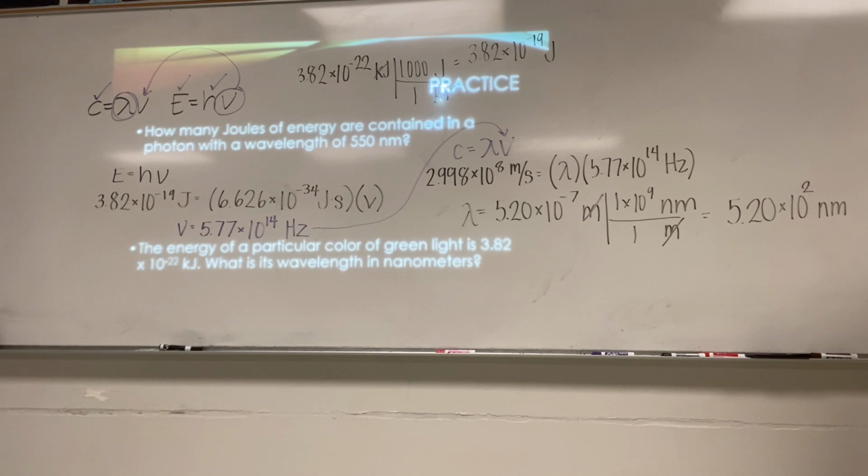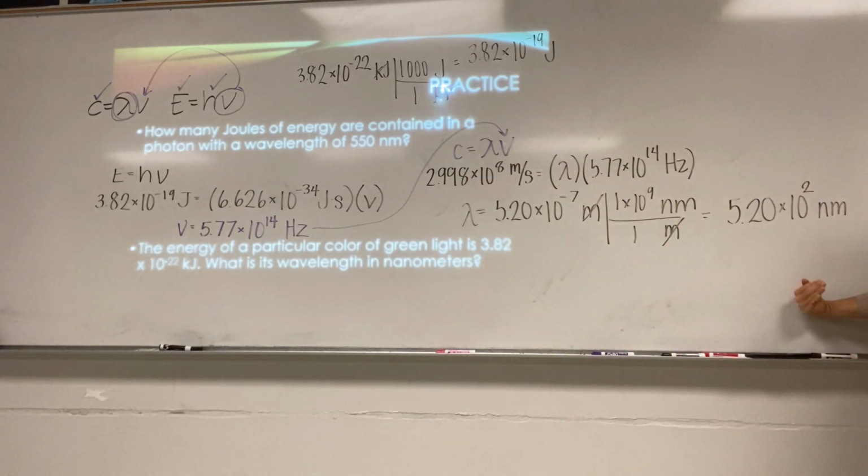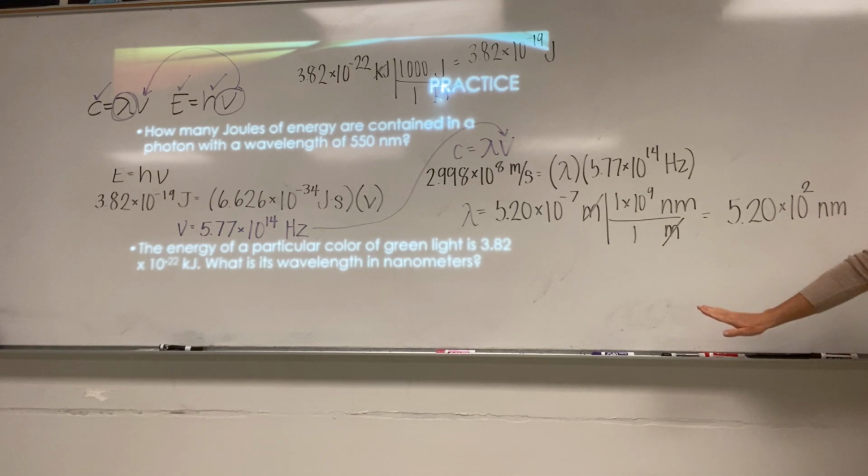That is as long of a problem as you can possibly get. Converting at the beginning, using both formulas to calculate, and converting at the end. That's as long of a problem as you can get, okay? Any questions on any of those steps?